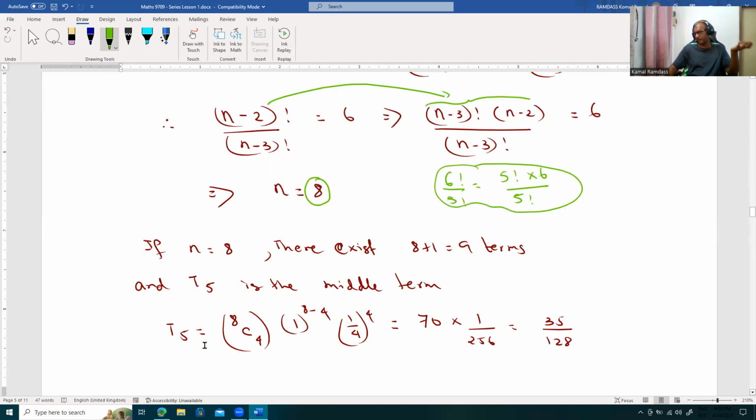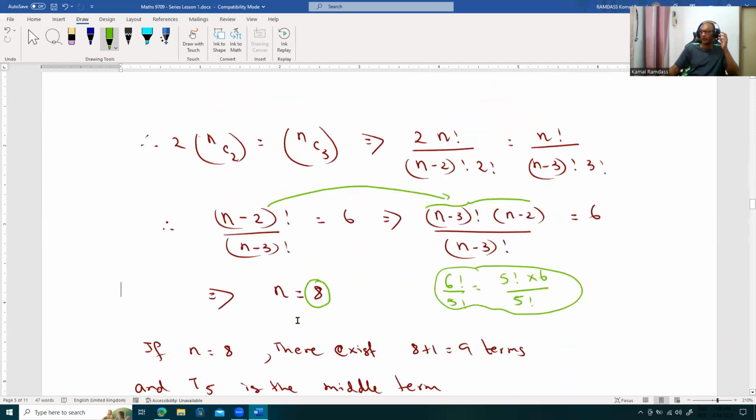T5 is T(4+1), which is nC4 × 1^(n-4) × (1/4)^4. We get 70 divided by 4 to the power of 4, which is 256, so 35 over 128. That is the answer.